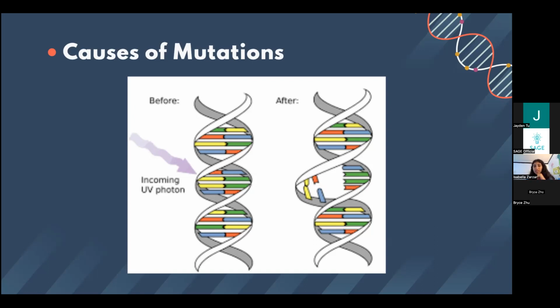In the after picture, you can see that the DNA totally broke and now there's a mutation there. So that's just an example of how external factors can cause mutations. Now the structure of DNA was changed. So yeah, that's an example of external factors.